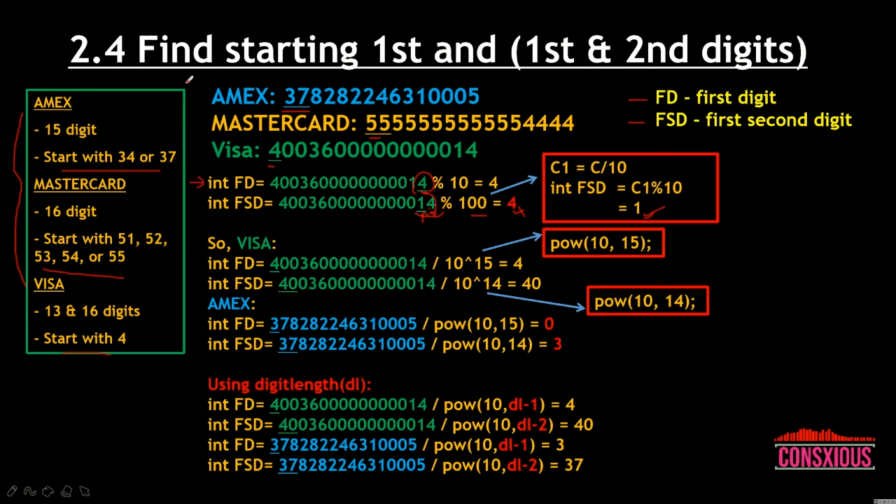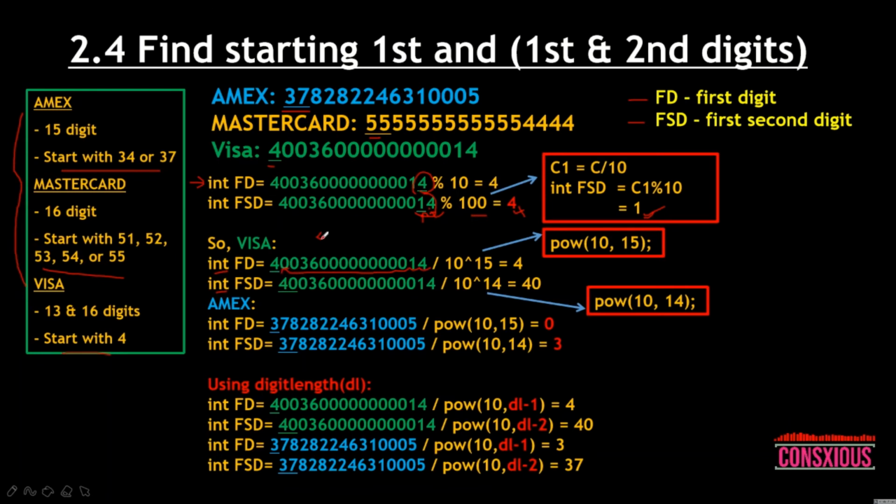So for finding this digit here, we will use a slightly different method. What we use here is just int FSD, integer. Integer will always capture the digits without decimals. So you can see here, we take the credit number divided by 10 to the power of 15. It means that we shift the decimal 15 times, and it goes to here.